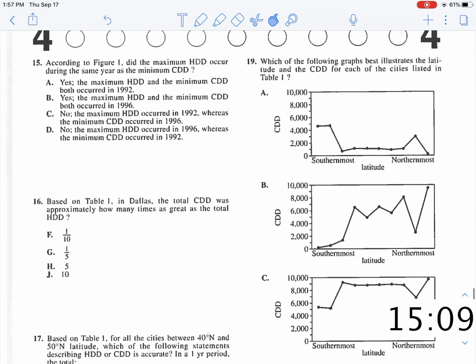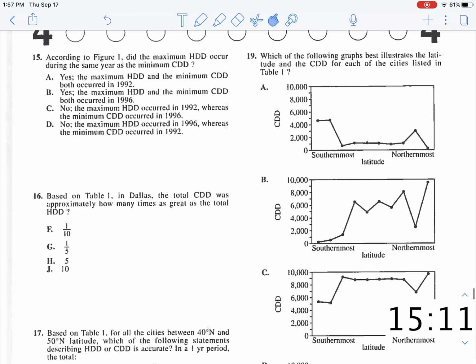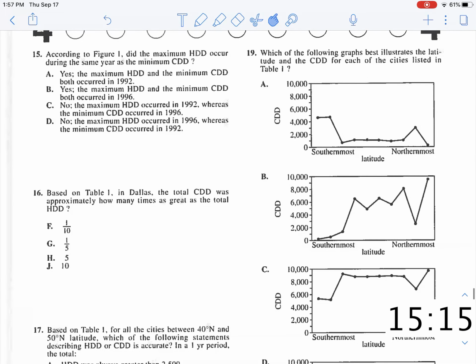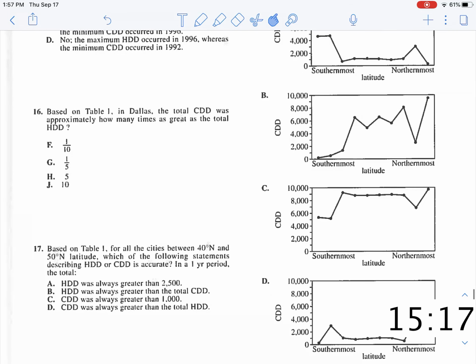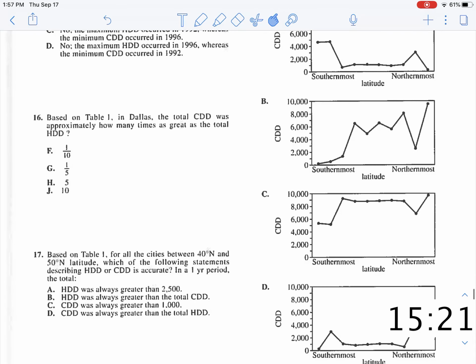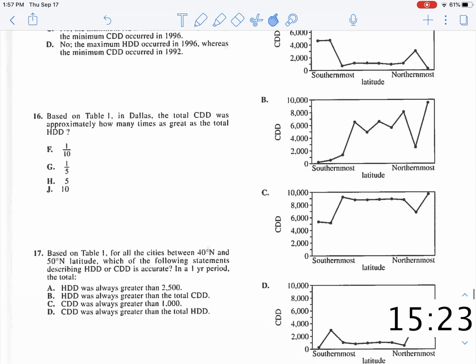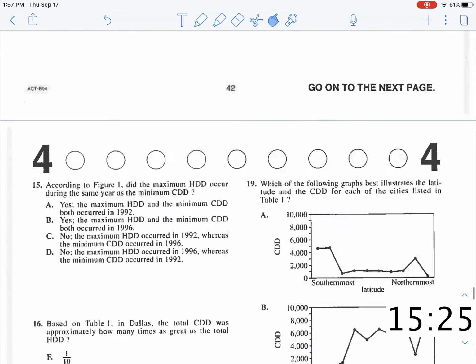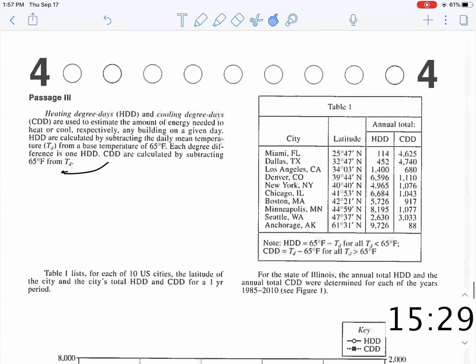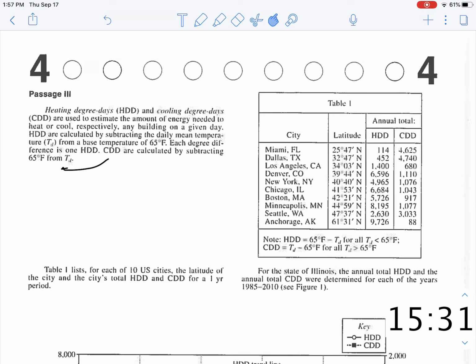Which of the following illustrates the latitude and the CDD for each of the cities? Southern to northern, did it increase? Actually, which was a high? Was southernmost the lowest CDD? I doubt it.